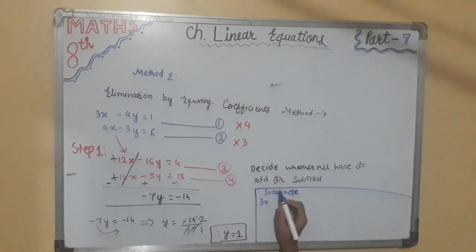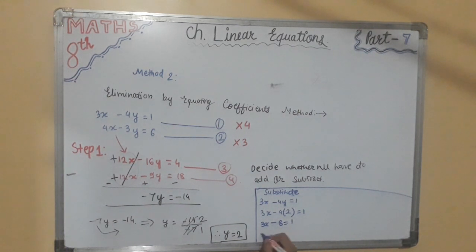In the first equation, 3x minus 4y is equal to 1, so 3x minus 4, we will put a bracket, and the value of y is 2, is equal to 1. 3x minus 4 into 2 is 8 is equal to 1.